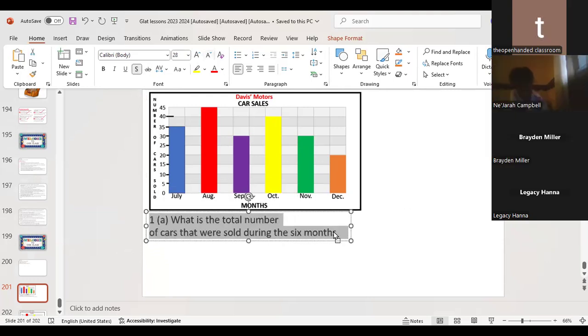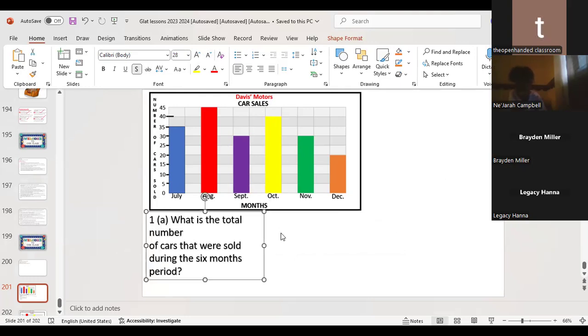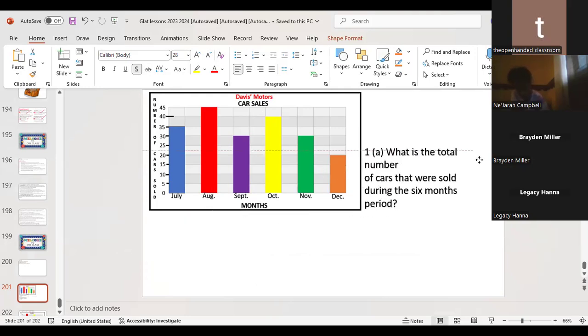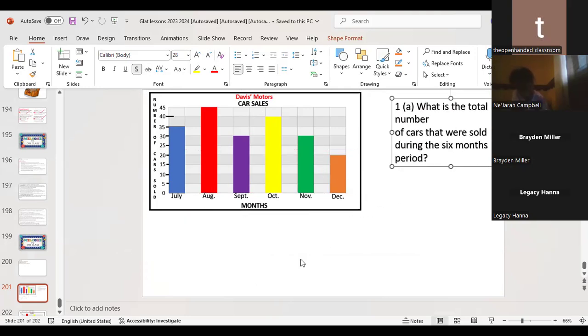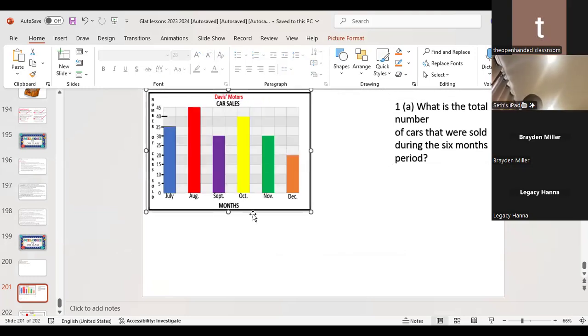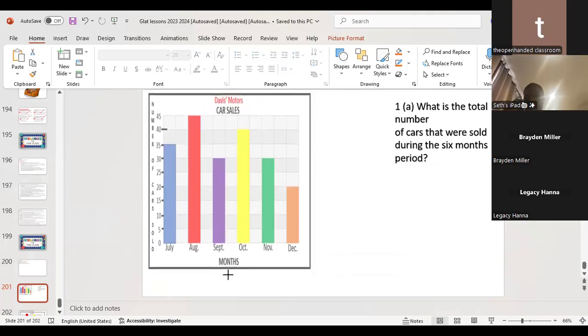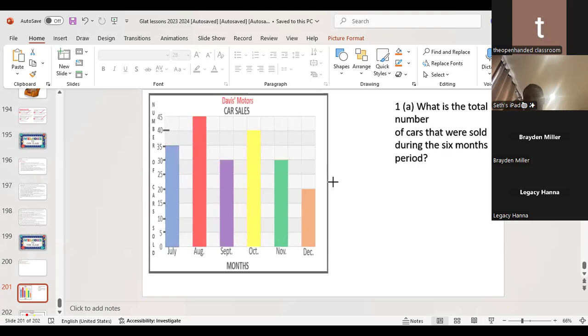So what is the total number of cars that were sold during the 6 month period? All right. So now, Seth, when they ask us for the total, what are they asking us for? We add all of them together.